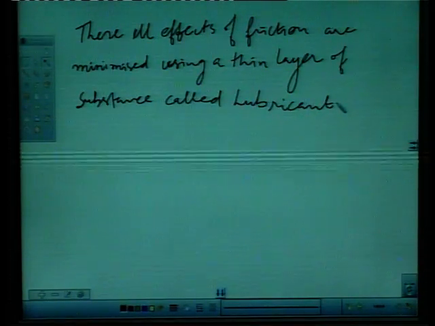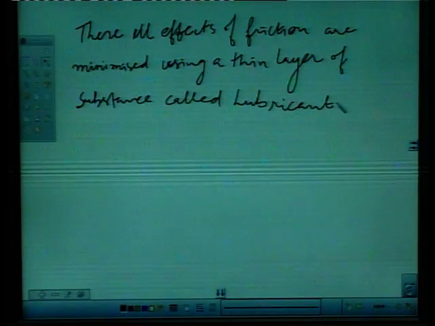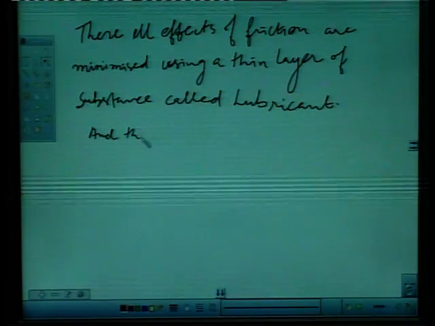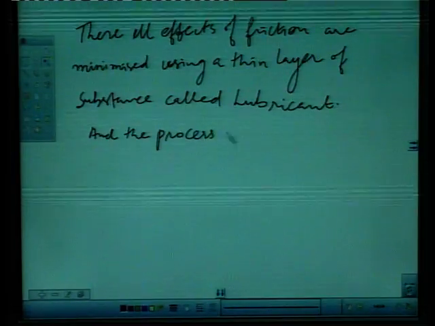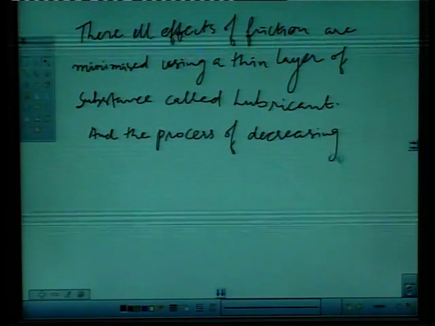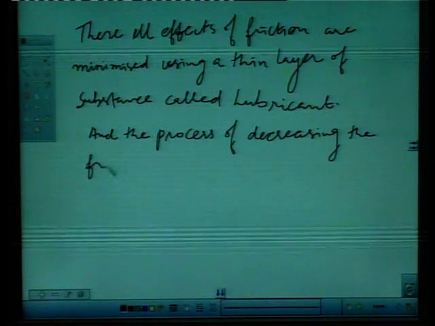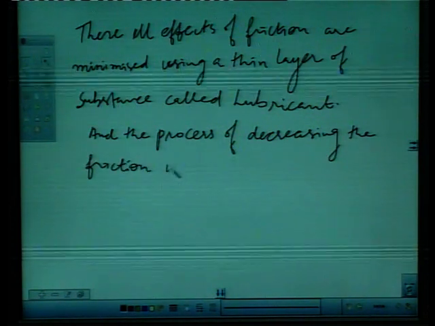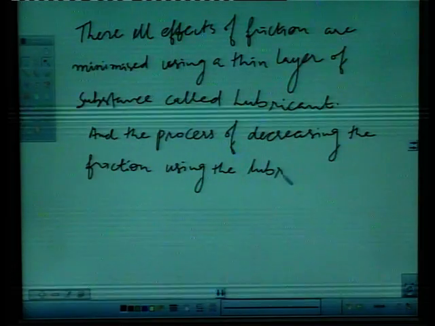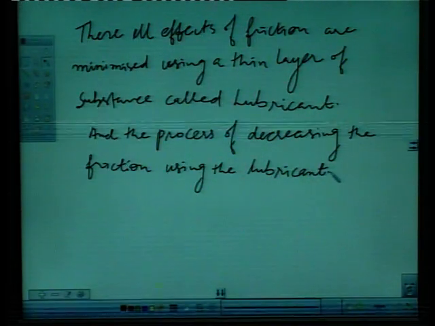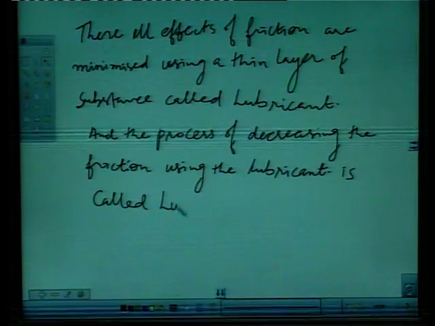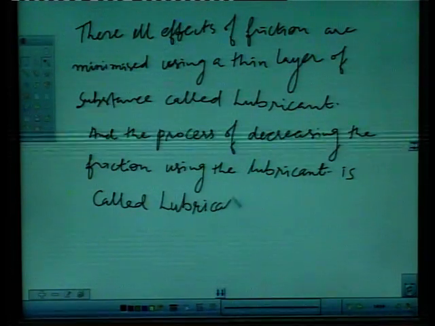And the process of decreasing the friction using lubricants is called lubrication.